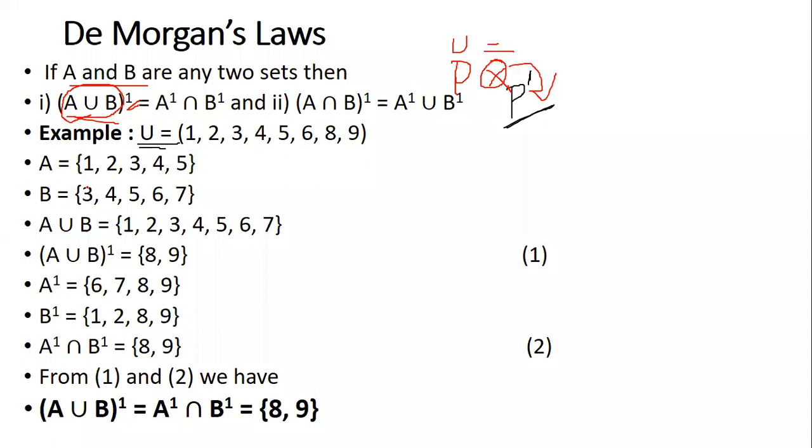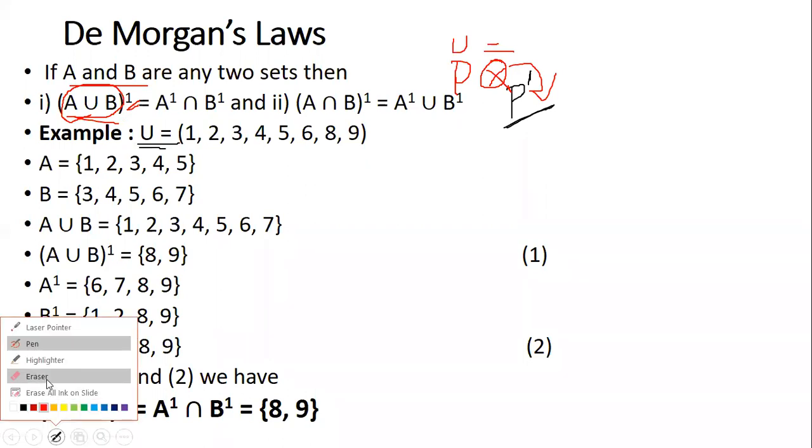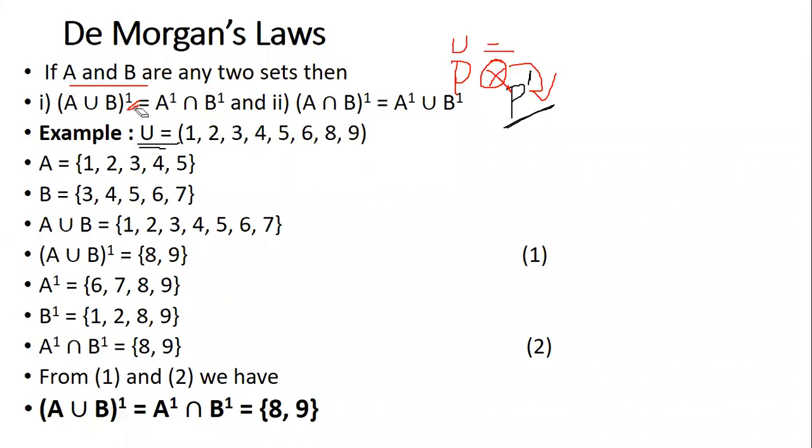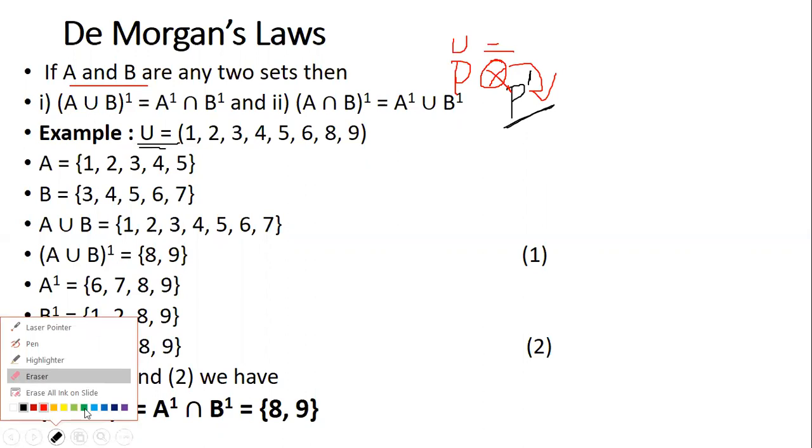We'll try to understand with examples, but first just understand the rule, because you're supposed to remember these rules. The first rule is A union B complement is equal to A complement intersection B complement.